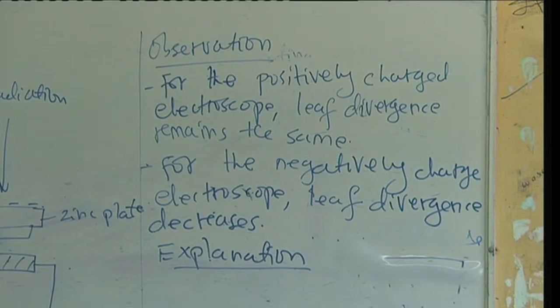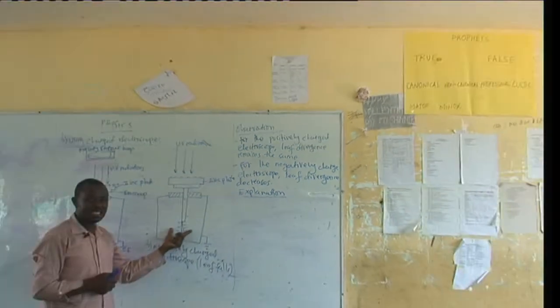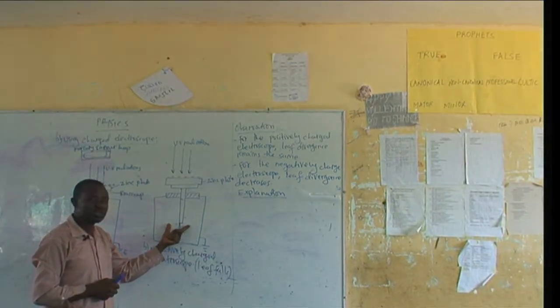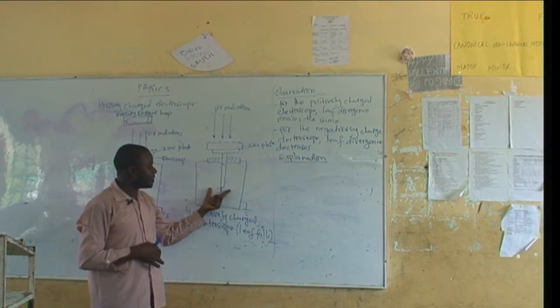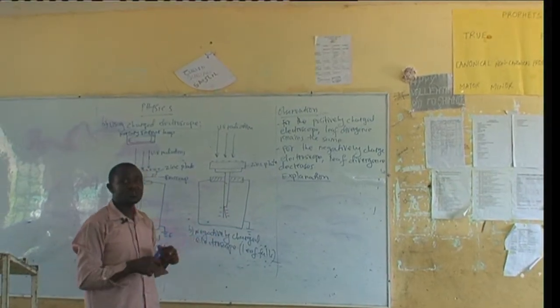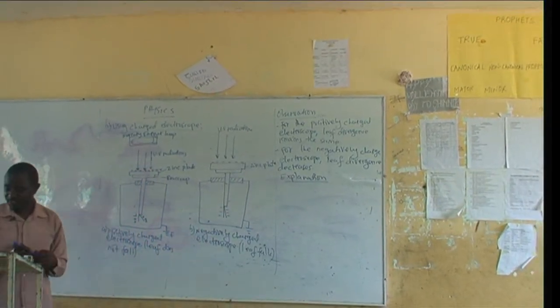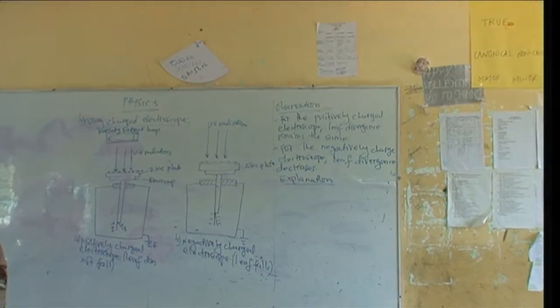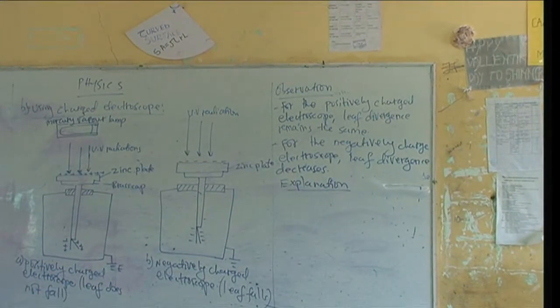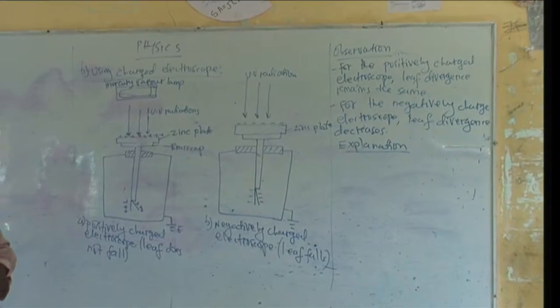As a result, the charge on the electroscope is going to decrease, and therefore leaf divergence falls. That is what causes what we are seeing there.